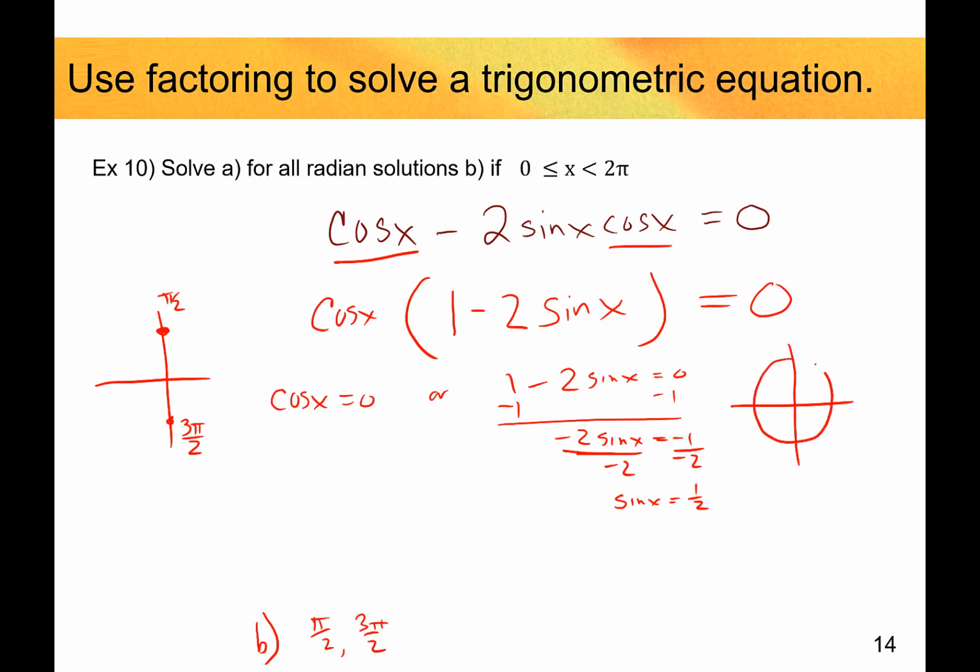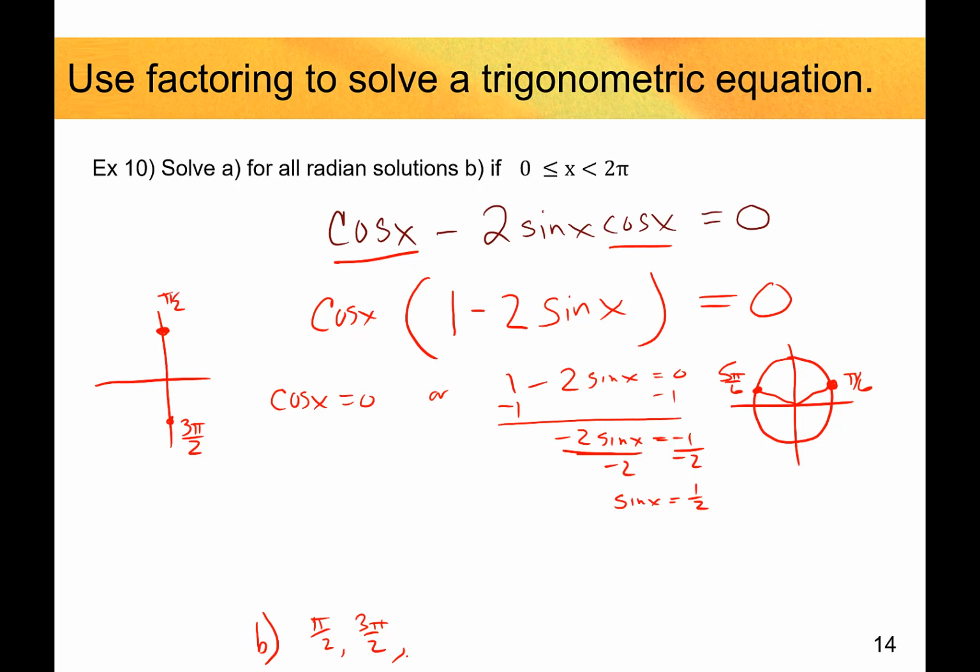You're looking for, when does sine give you a positive 1/2? I think it gives it to you at pi over 6, is that right? And then also at 5 pi over 6. There's your two radian measurements.